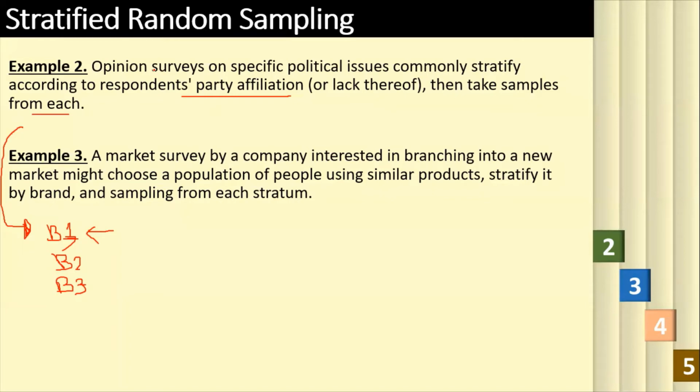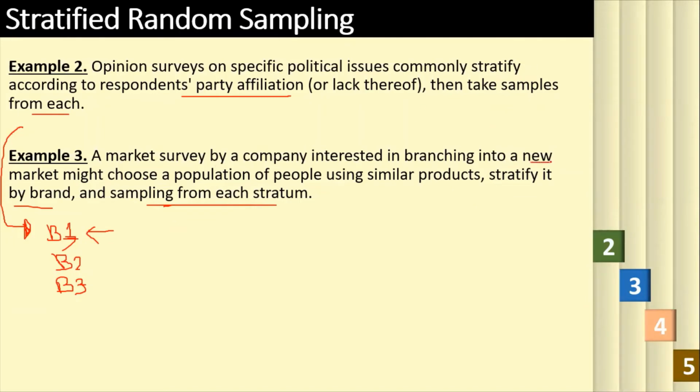So, example number 3: a market survey by a company interested in branching into a new market might choose a population of people using similar products, stratify it by brand, and sample from each stratum.